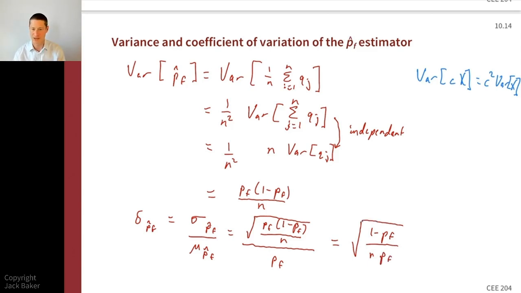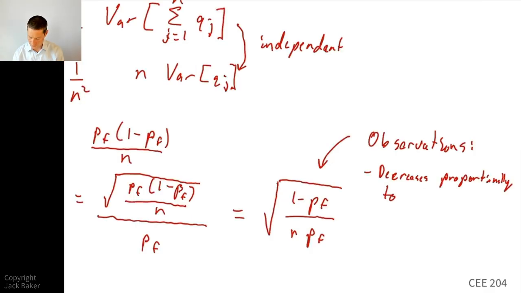Tell me, how uncertain am I in this estimate relative to the mean value? So there's 3 interesting observations we can make here. So first of all, it decreases proportionally to square root of n. Right? So as square root of n gets bigger, this coefficient of variation gets smaller. Okay?